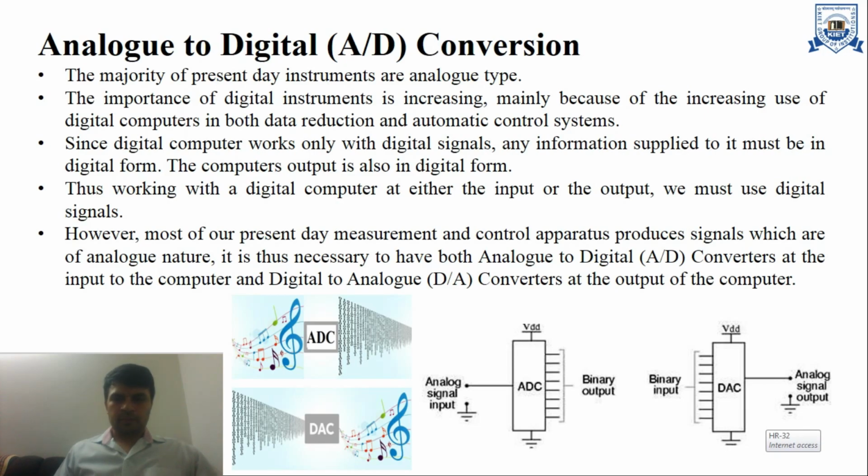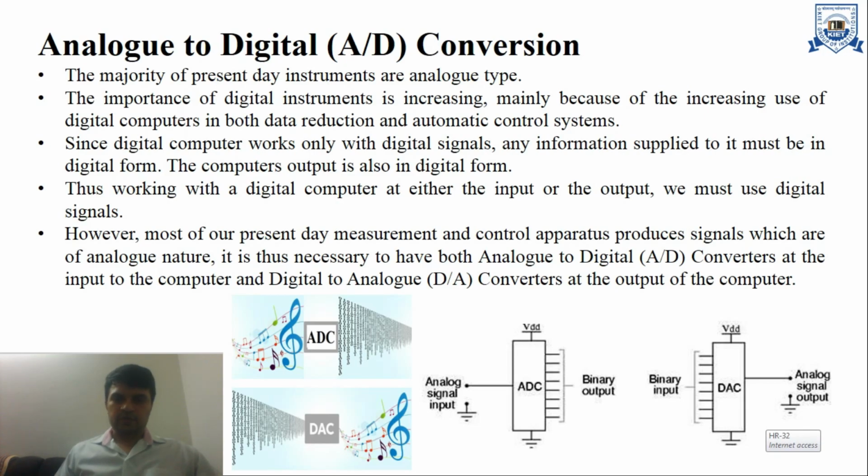Since digital computers work only with digital signals, any information supplied to them must be in digital form. The computer output is also in digital form because the computer works only in digital format.